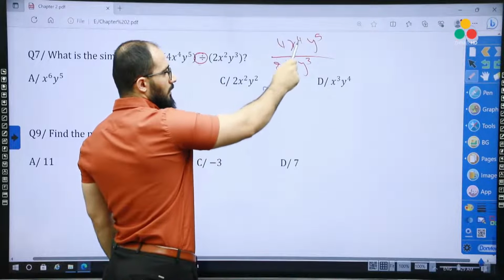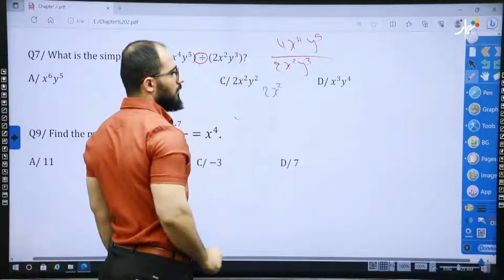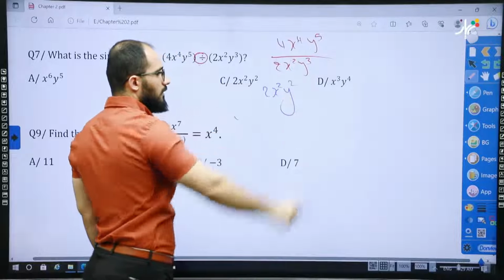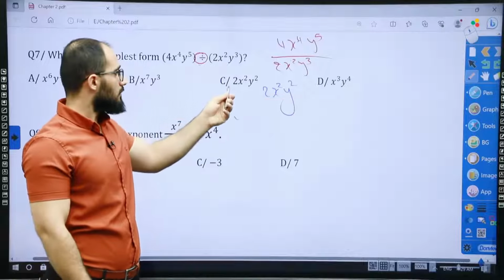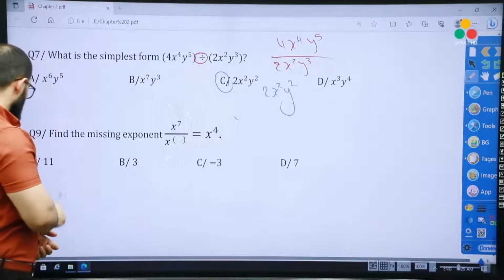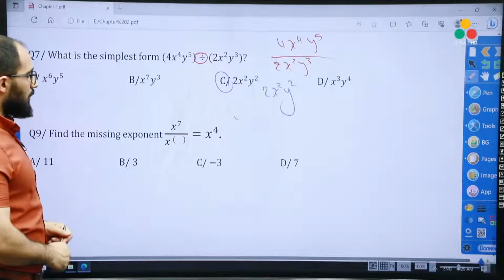Then subtract the powers. 4 minus 2 is going to be 2. For the y, 5 minus 3 is going to be 2. So the answer is 2x squared y squared.